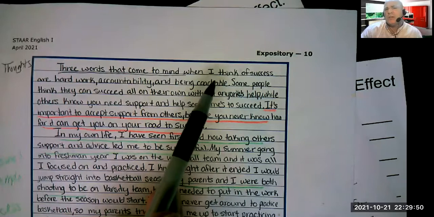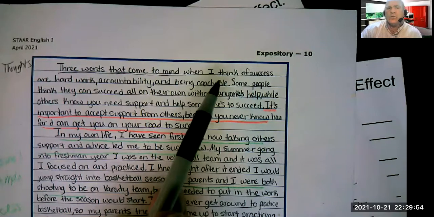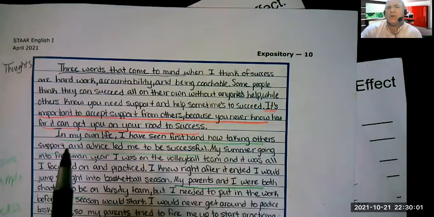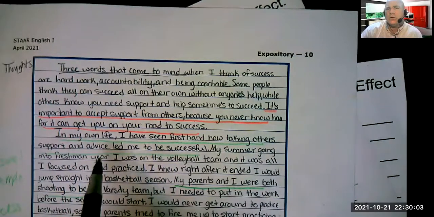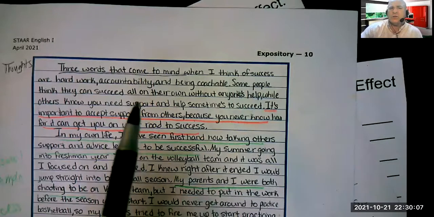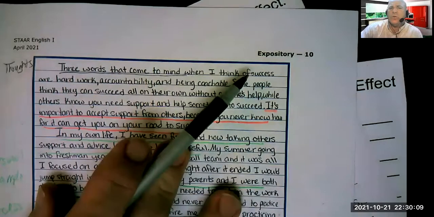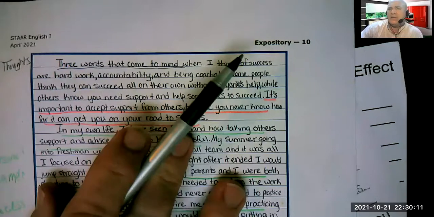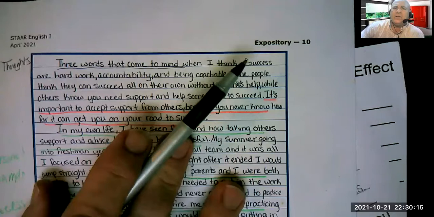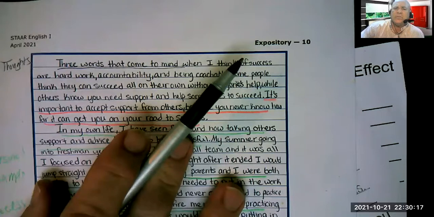You want to explain why you chose your idea with a personal example. If your personal example, your anecdote, is explaining a reason or your thesis, then you're allowed to share it. We just don't want nothing but what happened one day in your life that has nothing to do with the thesis that you wrote about.